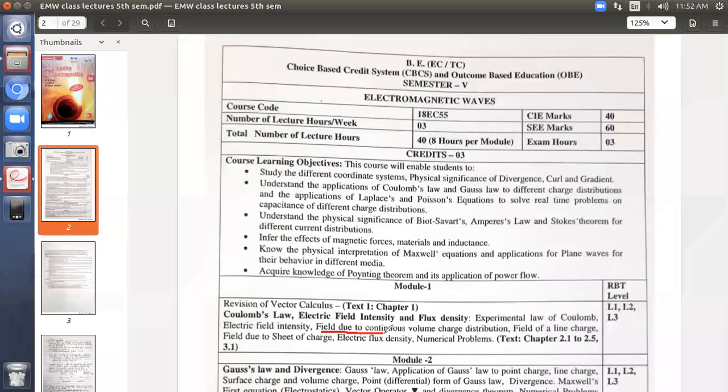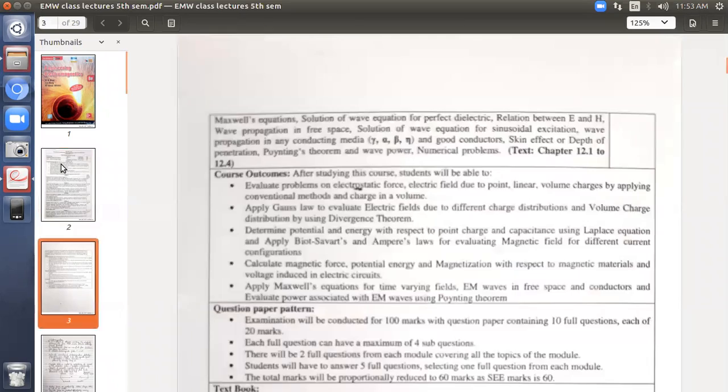Field due to continuous volume charge distribution. This is the thing we have to find. We have in the previous session completed E, electric field intensity. Now we have to calculate this field for a volume charge distribution, which is continuous in nature. In order to go for this concept, it was necessary to understand what continuous charge distribution is and what charge density is.